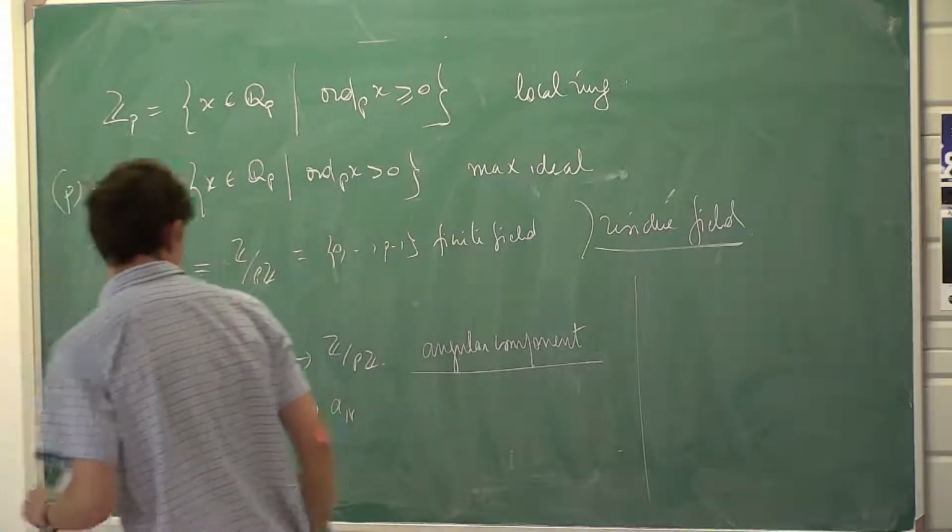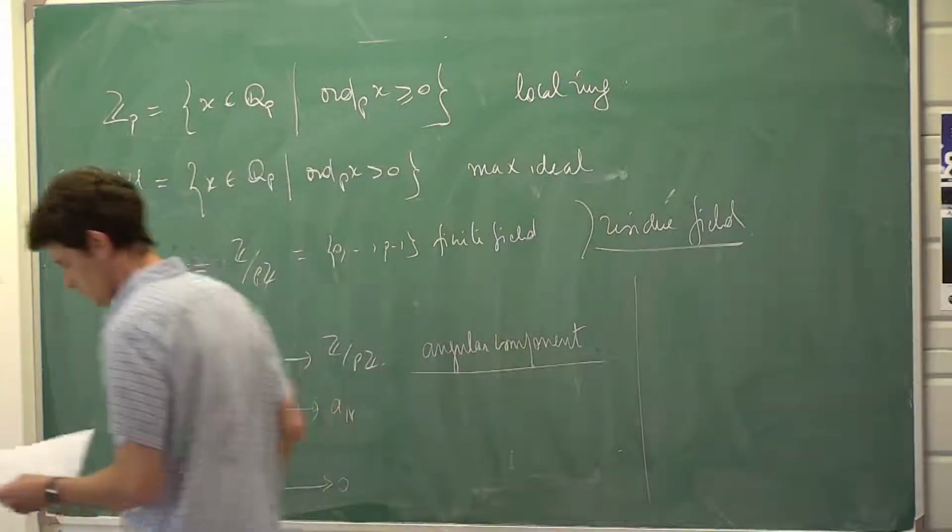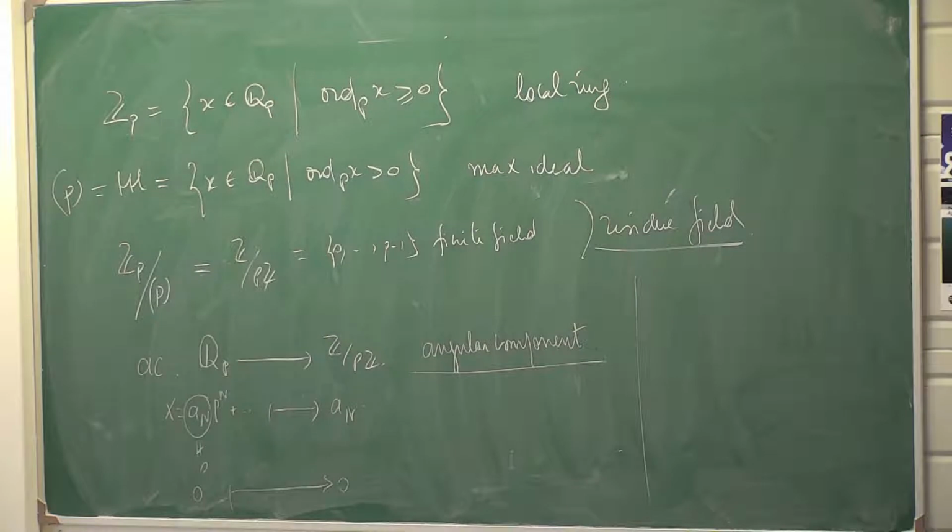Okay. So using that definition, you can consider balls. And using the ultrametric property, we can observe some specific phenomena due to this non-Archimedean ring.